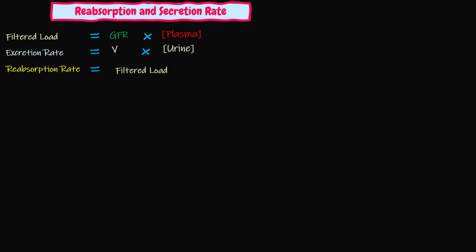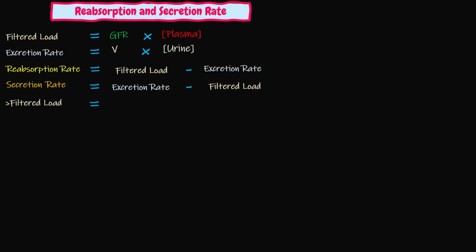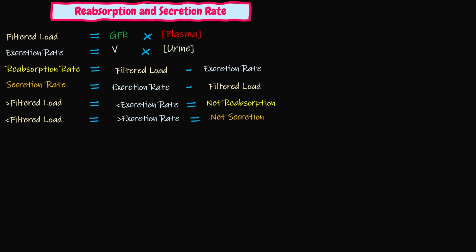So reabsorption rate equals filtered load minus excretion rate, and secretion rate equals excretion rate minus filtered load. If the filtered load is greater than the excretion rate, then net reabsorption of the substance has occurred. If the filtered load is less than the excretion rate, then net secretion of the substance has occurred.